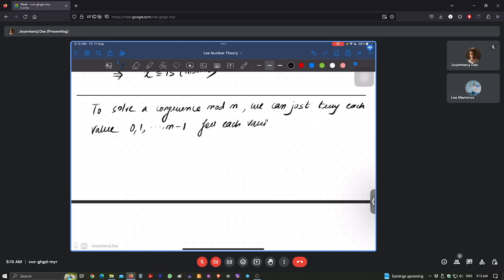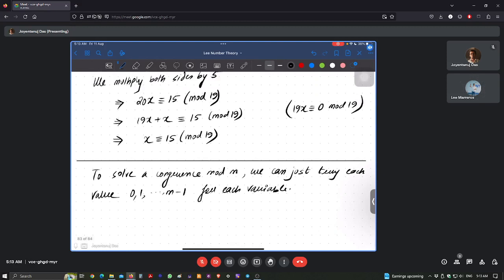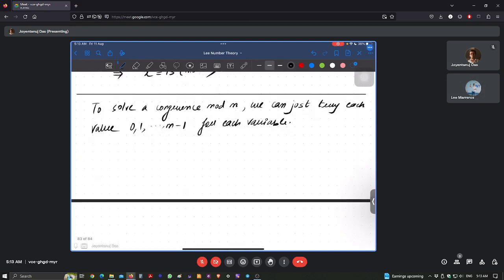Suppose we don't have an idea how to solve it. I know that the solution will lie between 0, 1 up to m minus 1 only. So we can try putting in each value.